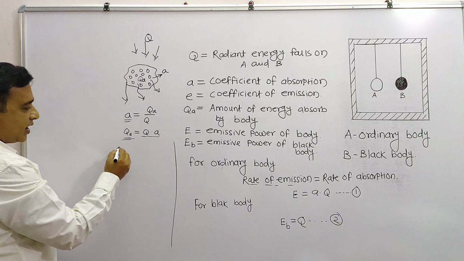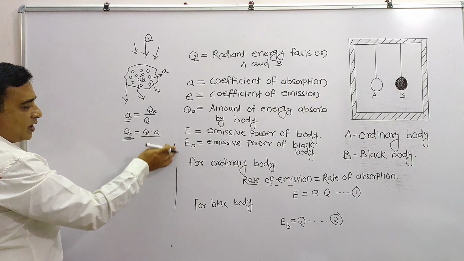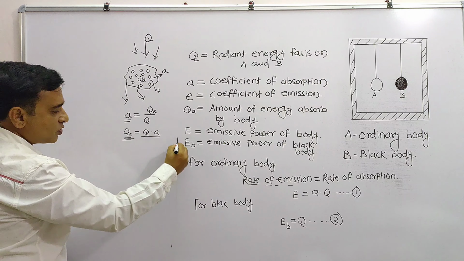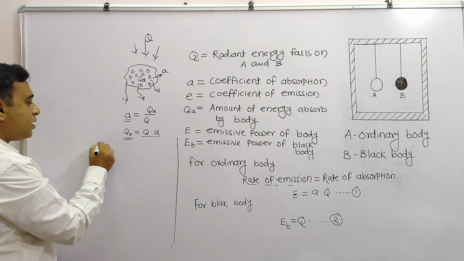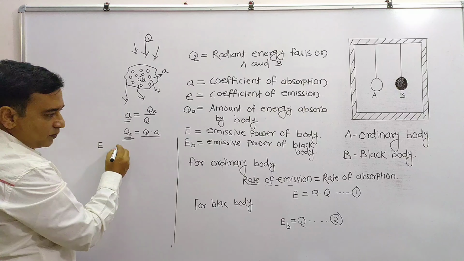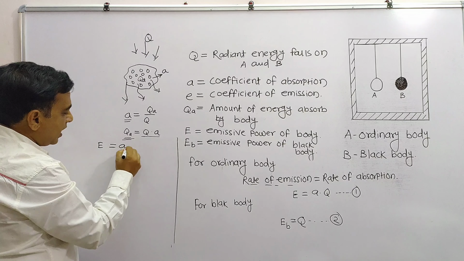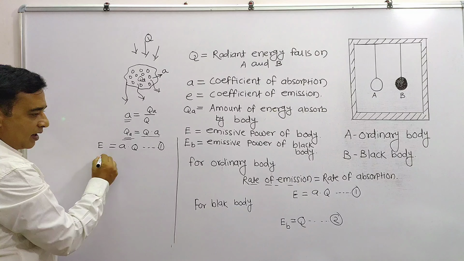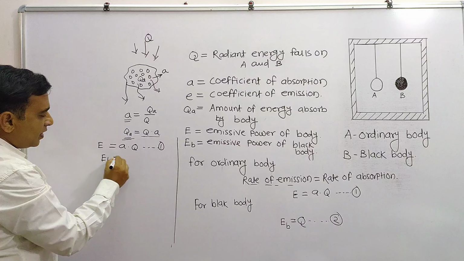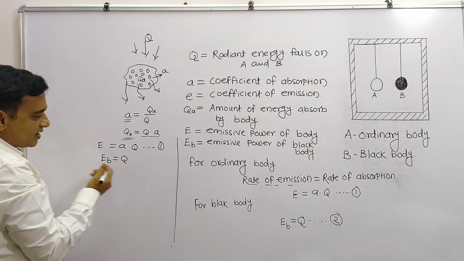Taking the ratio of equation 1 and 2, equation 1 is E equal to A into Q, and EB for the black body, the total energy is absorbed.